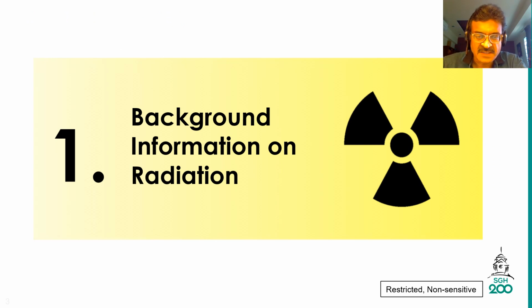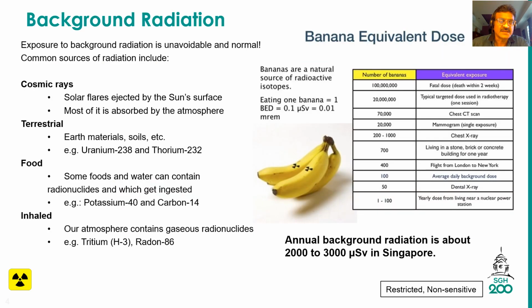The first chapter that I want to talk about is the background on radiation. Radiation is everywhere, all around us. We get our radiation exposure from the sun, from the ground, from the earth. The building materials contain some naturally occurring uranium-238 and especially thorium-232 as well. So we do get our radiation from the ground, and from the food that we eat as well.